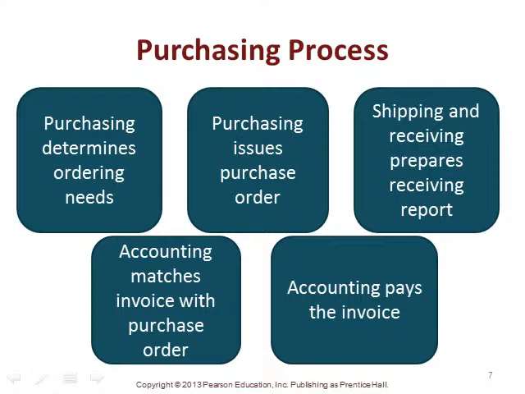One is, did we receive the quantity we're being invoiced for? And we rely on what we call third-party independent documentation. That is the receiving report to tell us the number of units we got. And then we compare the invoice to the purchase order to know that that's the per unit cost that the purchasing department agreed to, that they issued the purchase order to, that the vendor can bill us at, and then accounting pays the invoice.